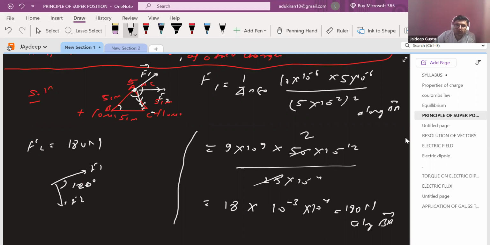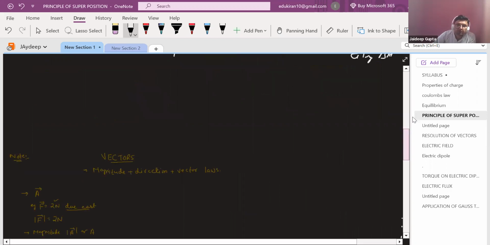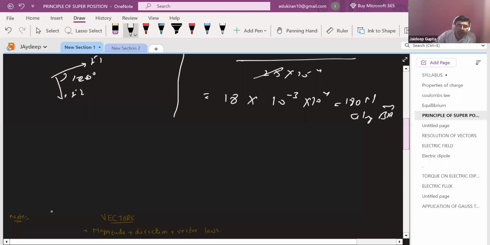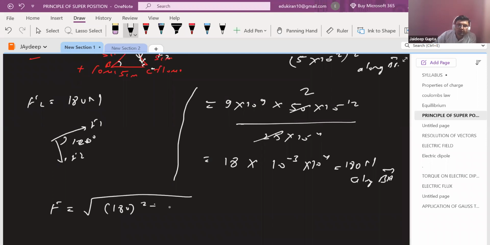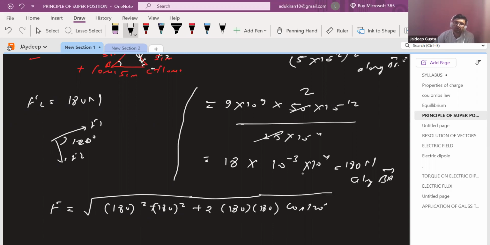Now, what is the formula to calculate the resultant force? Let F be the resultant force. So 180 square plus 180 square plus 2 into 180 into 180 into cos 120. Calculate for me. Fast, Iram. Let me know the answer.